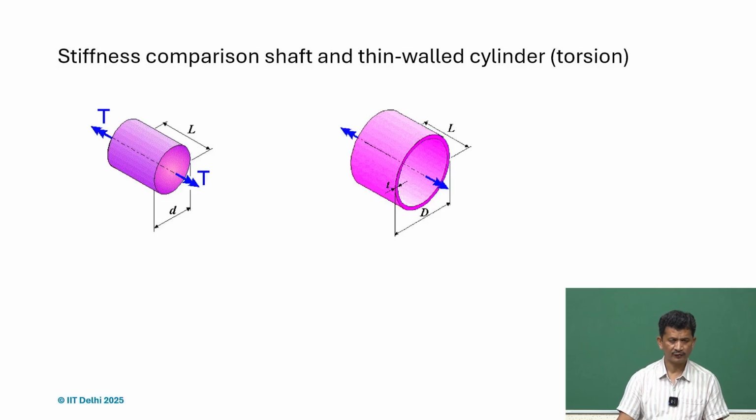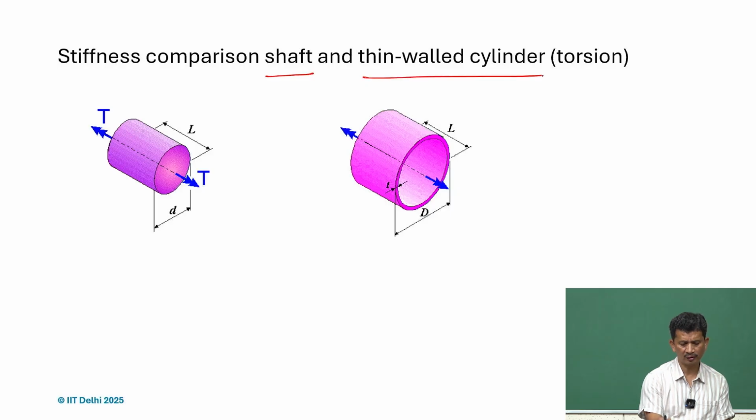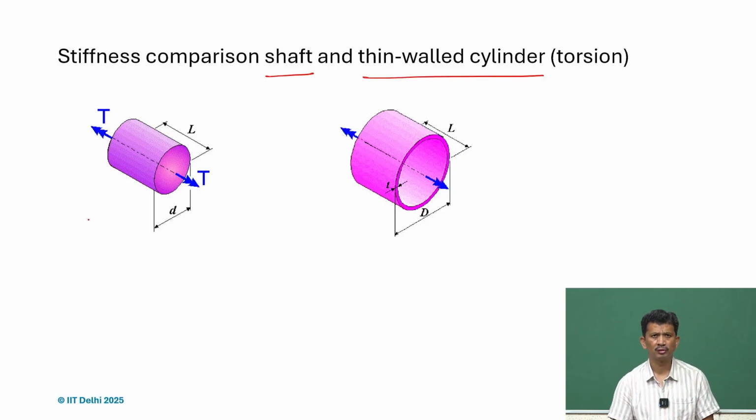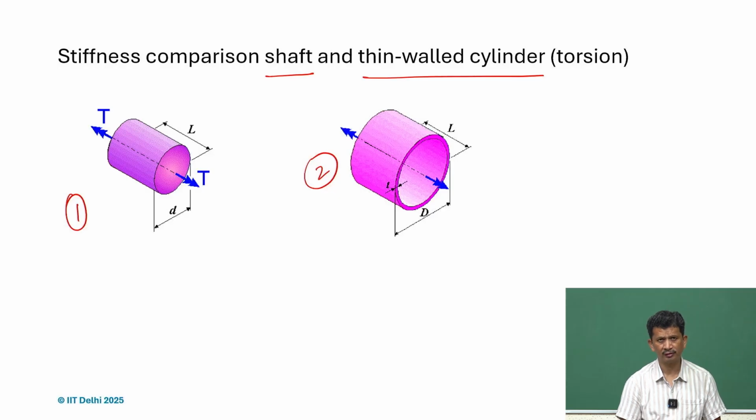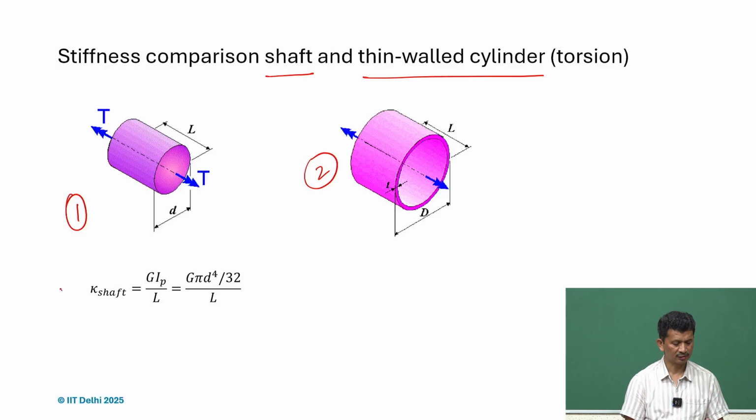What happens if it's a thin tube? Suppose you want to compare the stiffness of the two, one is the solid and the other is a thin wall cylinder under torsion. We can write the rotational stiffness.